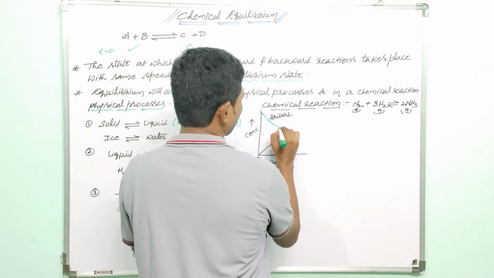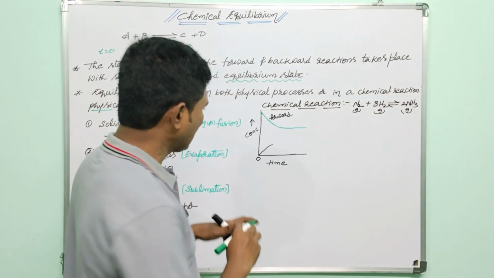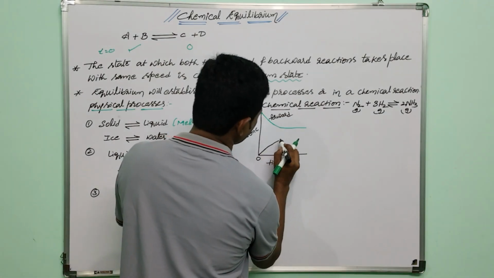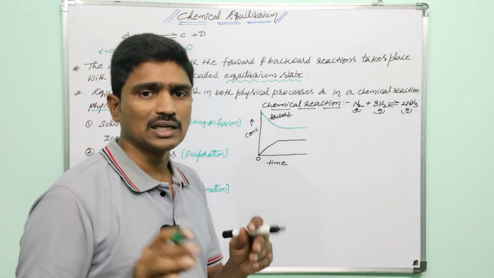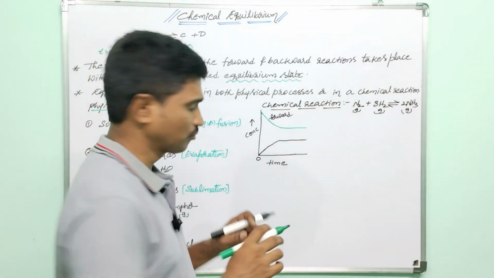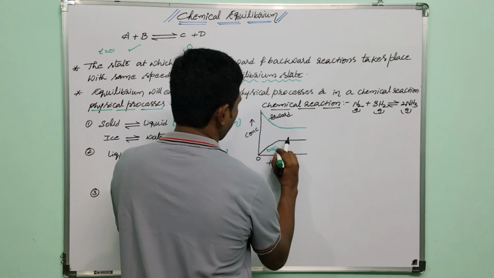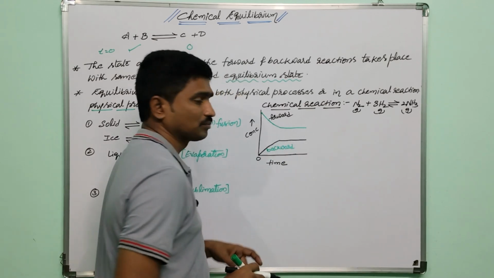After some time, the concentration of reactants becomes constant. Similarly, the concentration of products increases, and after some time their concentration remains constant. So this is for the backward reaction.